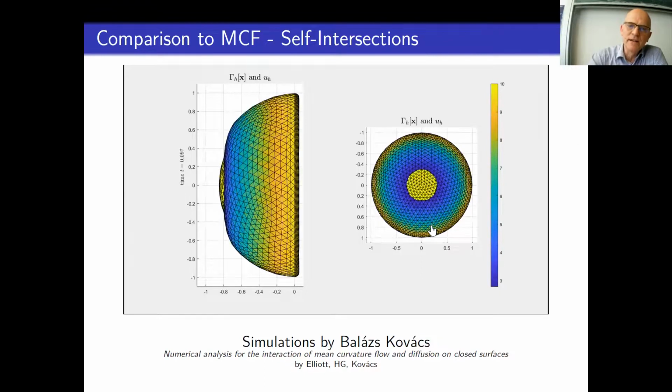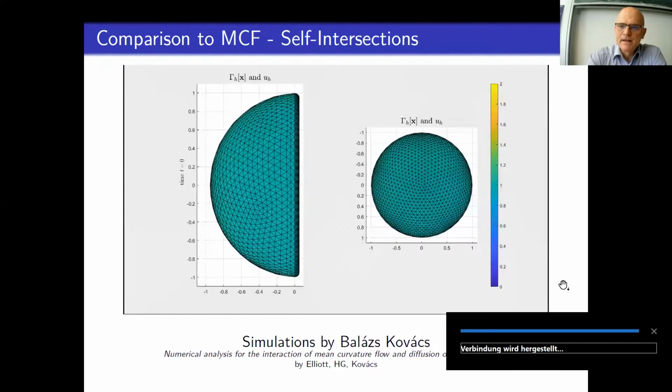You can also see this here. The evolution we had before was to the left, very close together, and the yellow bit here, which you also see here, is the one which was moving through the blue surface. This is a numerical computation done by my colleague here, Balázs Kovács, but this can be made precise also.